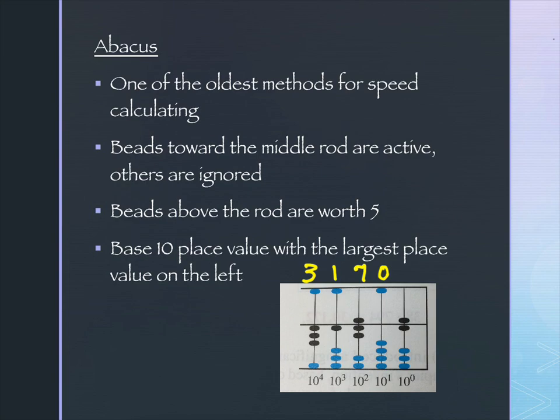And on the last rod, we have 1 bead above pushed, 1 bead below pushed. So it's 5 from above, 1 from below. We get the number 6. This is the abacus's representation of the number 31,706. That's what it is.